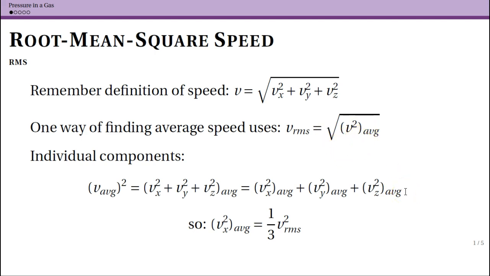So now one thing to think about here is how does this relate back to individual components? Well, we expect that there's no relationship between x, y, and z, right? Again, these molecules are zooming around in random directions. So what that means is that when you have your average here, you can think of that as being related to just your average in x, y, and z, approximately.